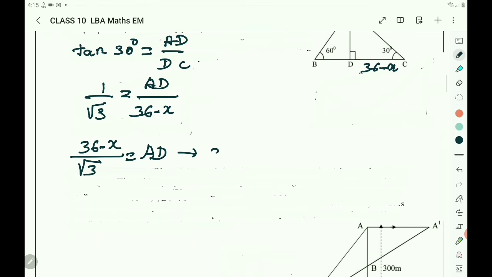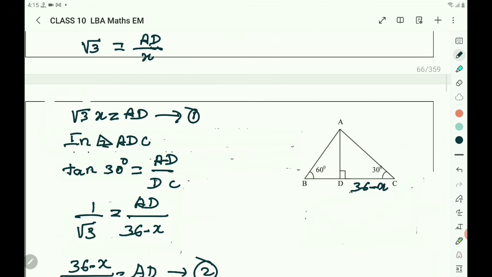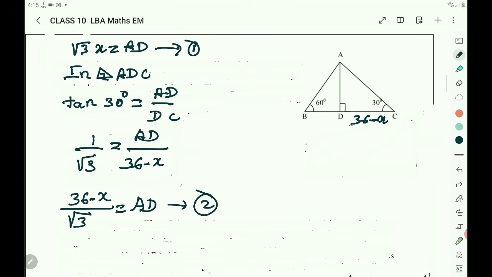Consider this as second. Then from first and second, observe the first, the RHS is AD. Observe the second, the RHS is AD only. So as the RHS are the same, the LHS must be equal.